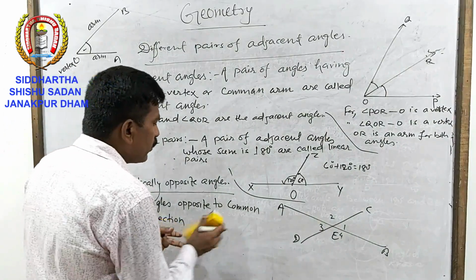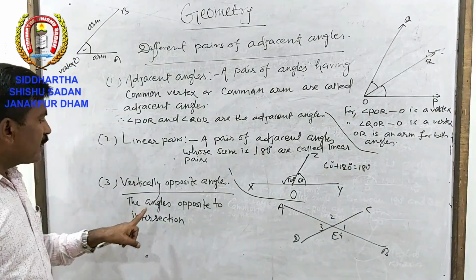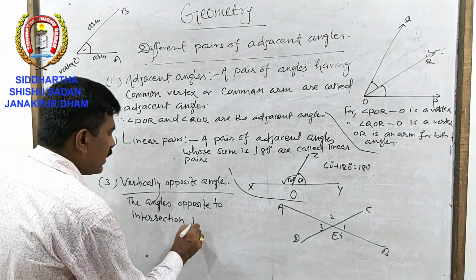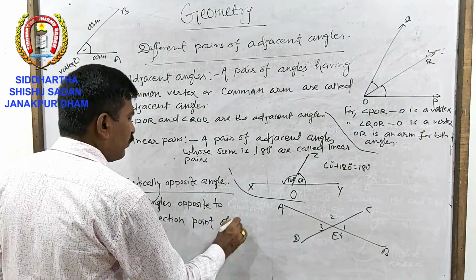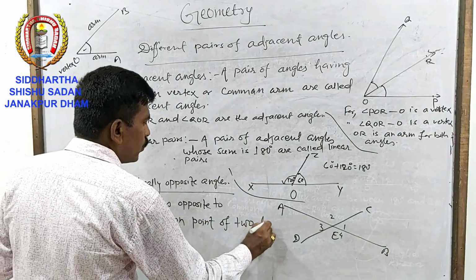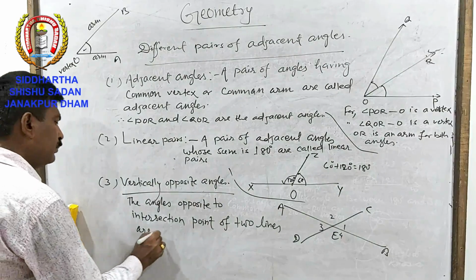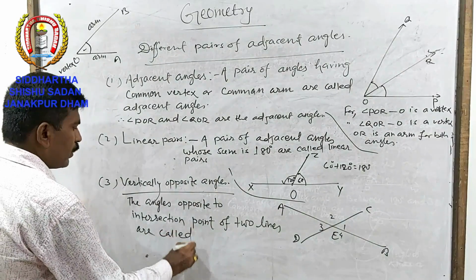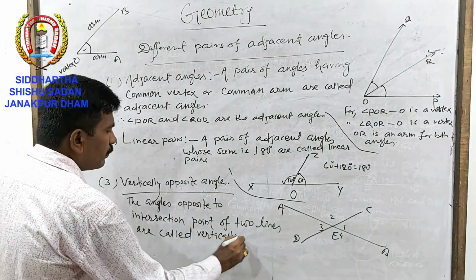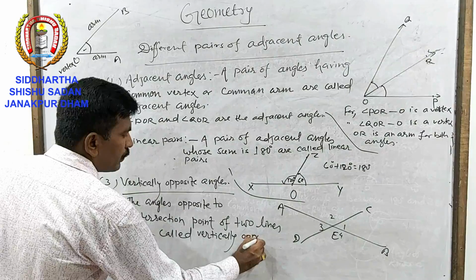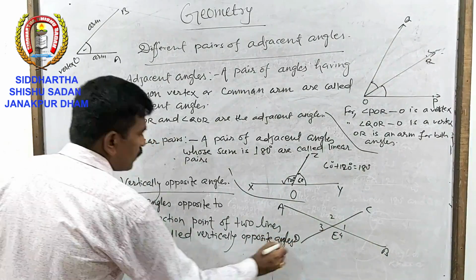If we don't want to write common, there is no problem. The angles opposite to the intersection point of two lines are called vertically opposite angles.